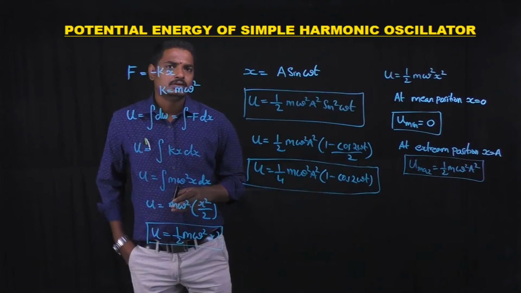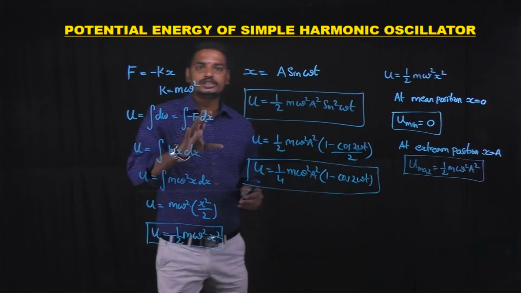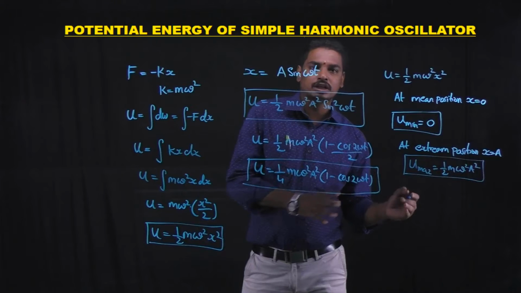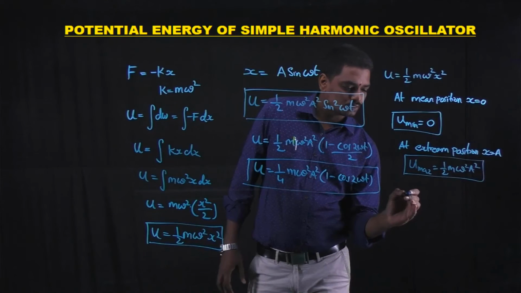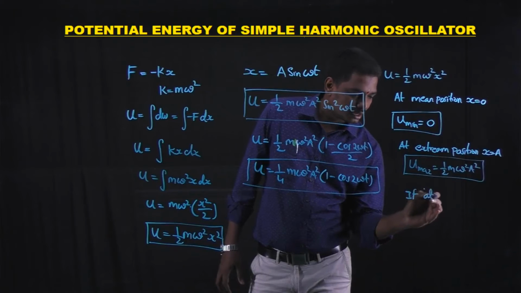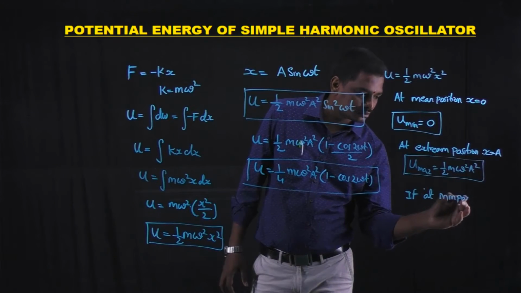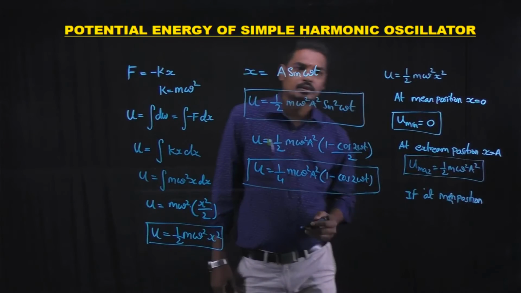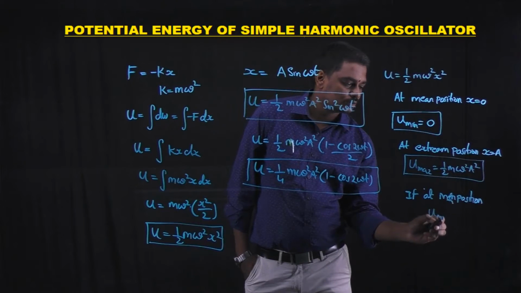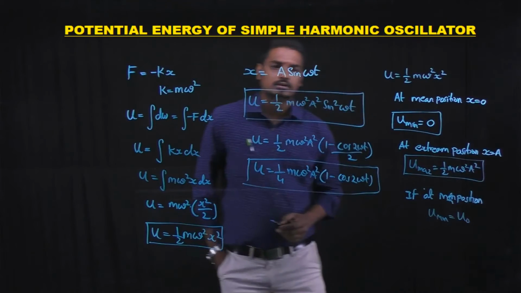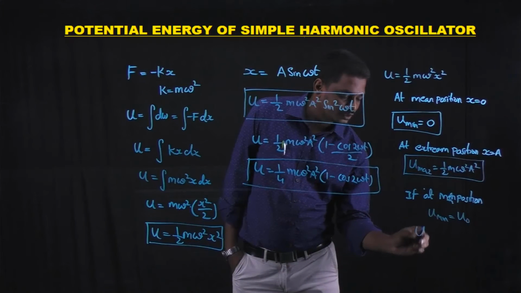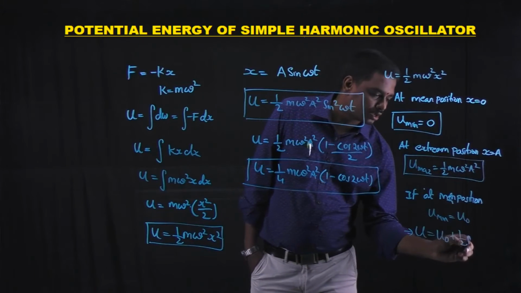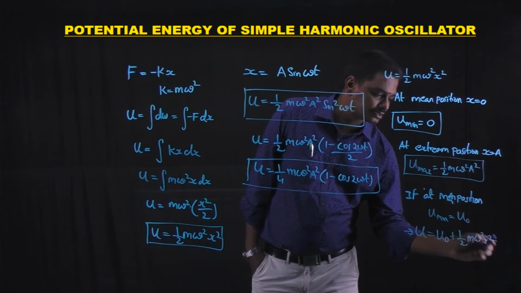Right? If potential energy is not 0 at its mean position, then the expression will be in this manner. If at mean position the potential energy U minimum is equal to U naught, then the expression will be U is equal to U naught plus half m omega square x square.